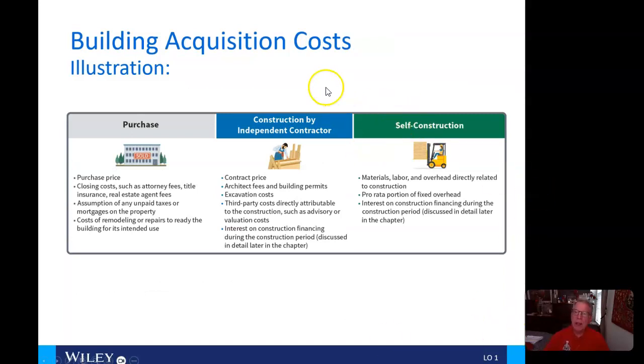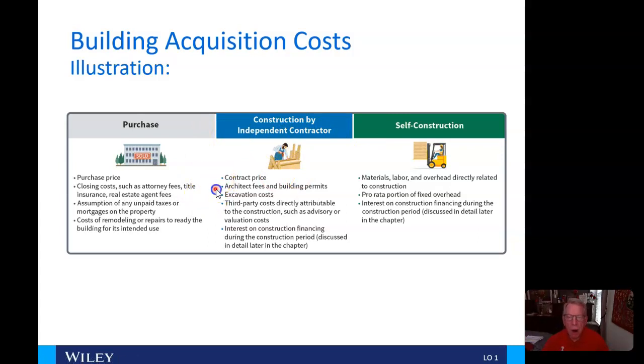If we look at the acquisition costs here, purchase prices, what it includes, this summarized nicely what we just went through. Construction by an independent contractor, we're going to have several different kinds of costs there in the building.